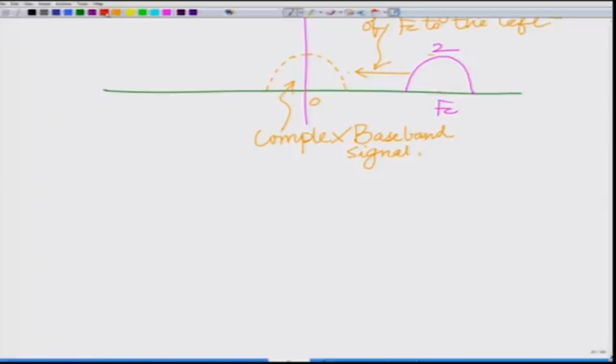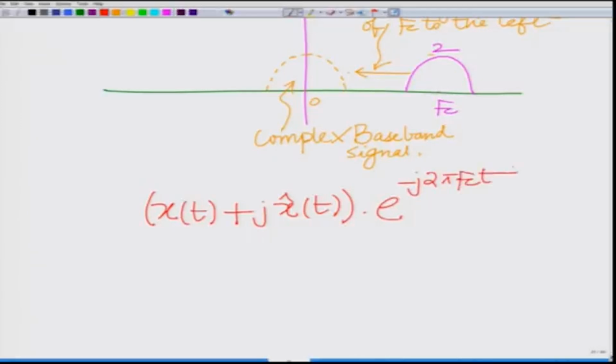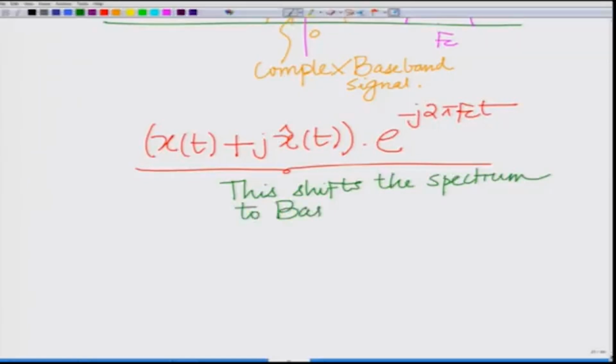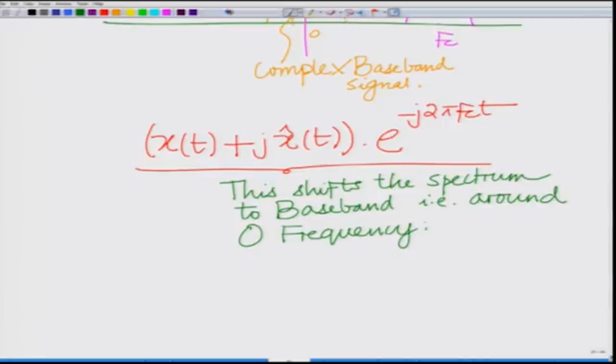So, basically now if I look at this complex pre-envelope, and modulate it with e to the power of minus j 2 pi Fct, this signal has a spectrum, this shifts the spectrum to the baseband, that is around 0 frequency.